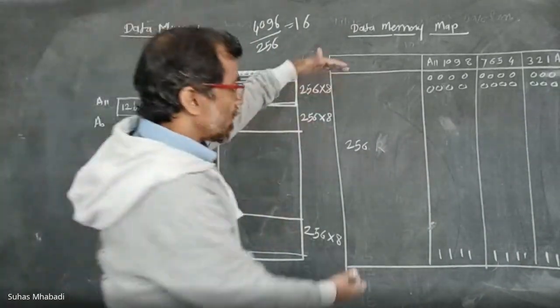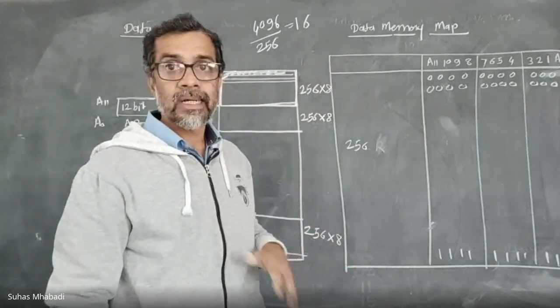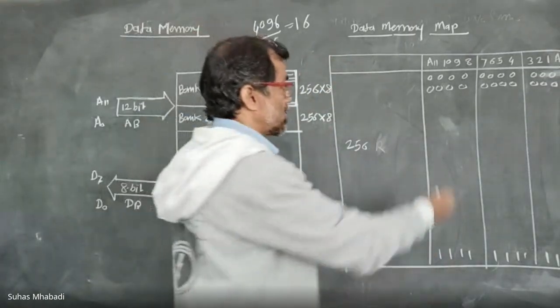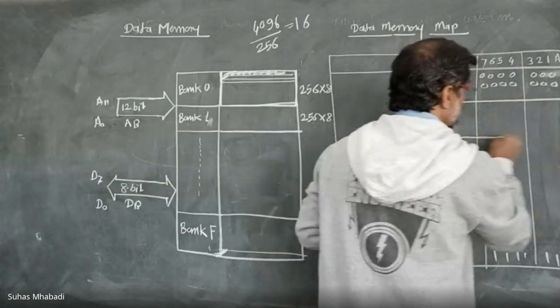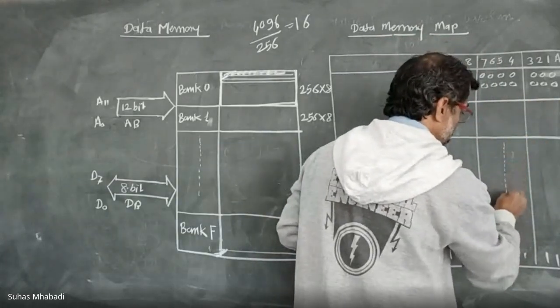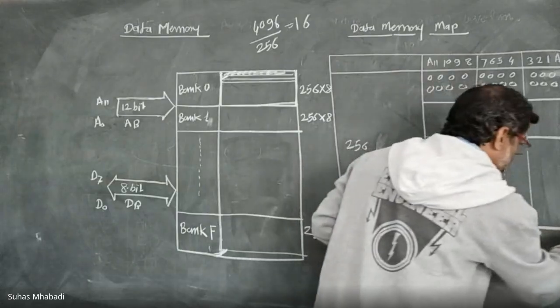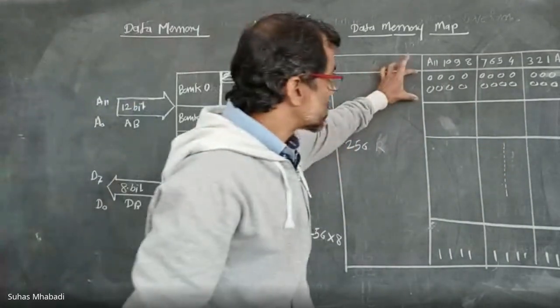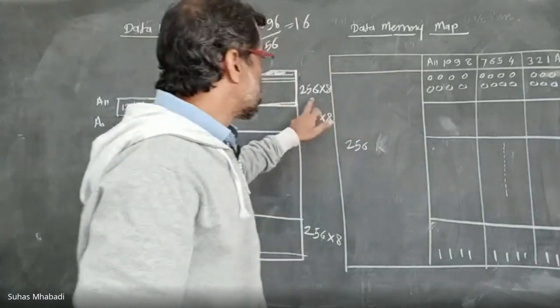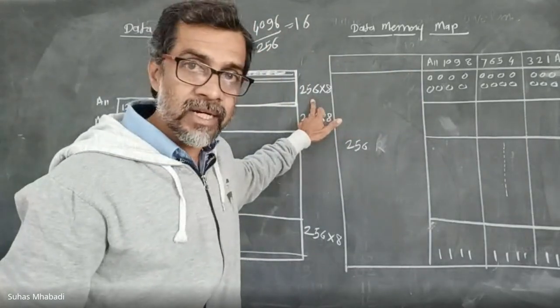So the entire map is divided into 16 different sections. This is the first section, this is the second section. Likewise, here we get the last section, the last bank. In this first bank, there must be 256 different registers.